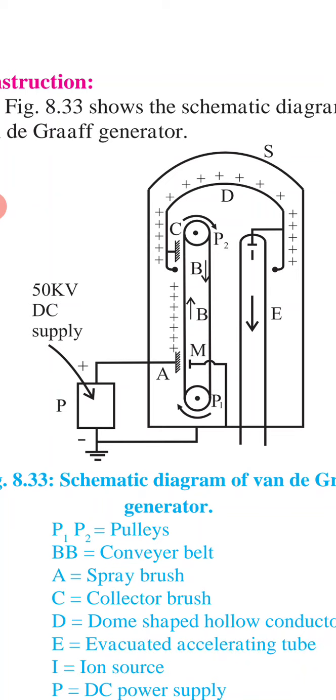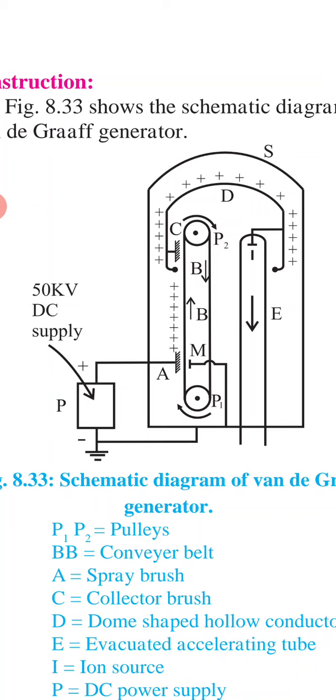A small quantity of freon gas is mixed with nitrogen to ensure better insulation between the vessel S and its contents. A metal plate M held opposite to the brush A on the other side of the belt is connected to the vessel S, which is earthed.